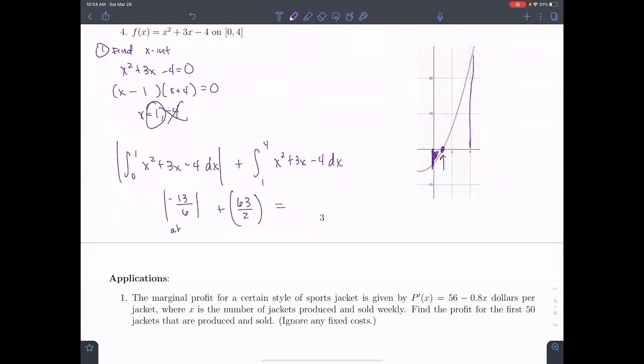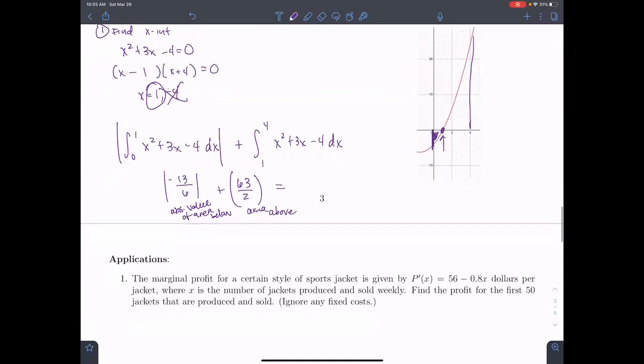So this is the absolute value of the area below, plus the area above. And you get 101 over 3. So that would be the total area of this function trapped between this curve and the x-axis from 0 to 4.